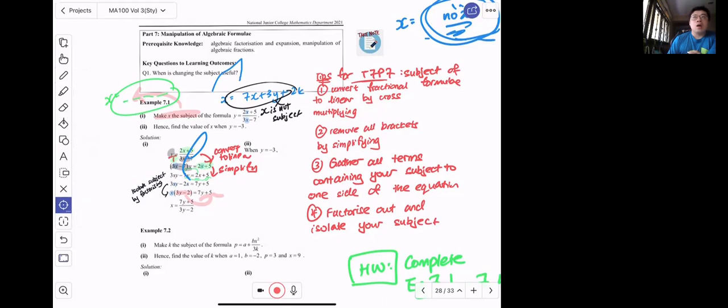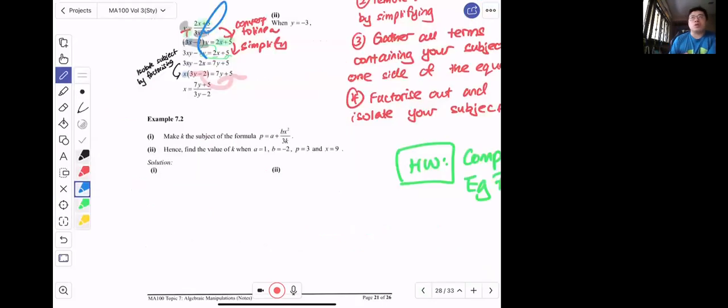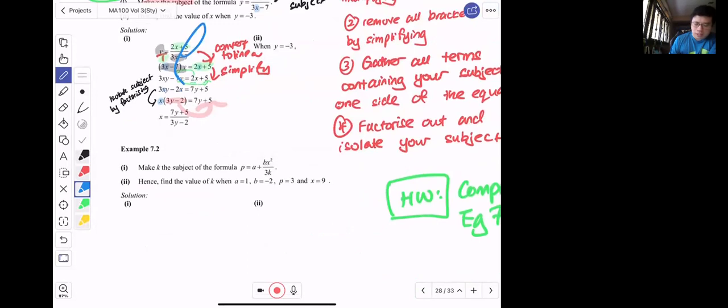Yeah. So quite easy. Once you want to find the value of x when y equals to -3, you just substitute y equals to -3 inside here. To find the value of x when y is -3, you replace y as -3 into your part 1 expression.